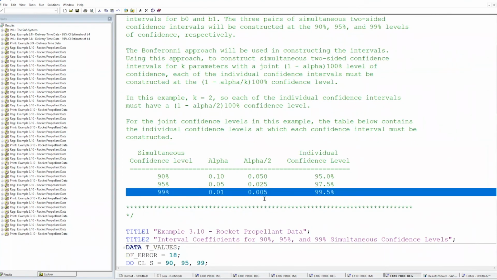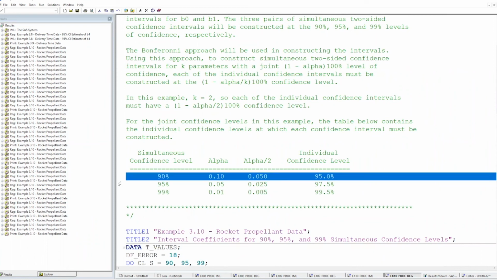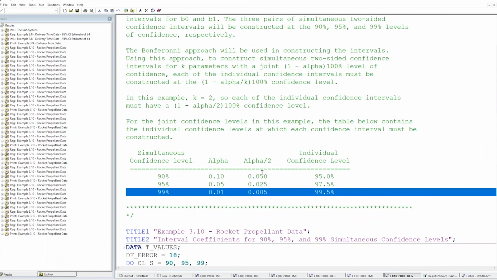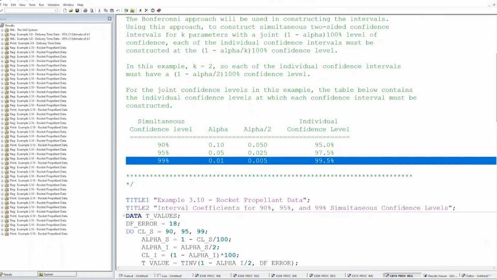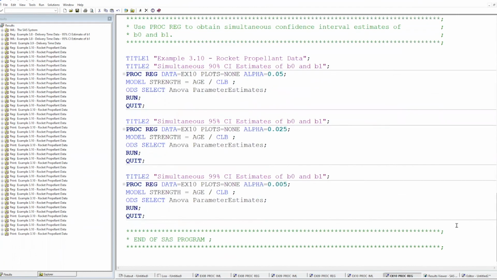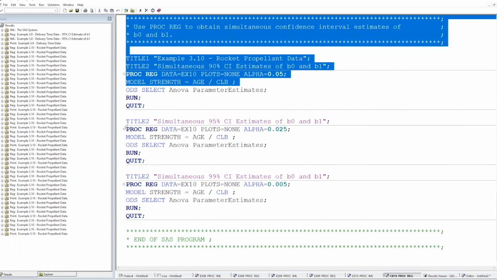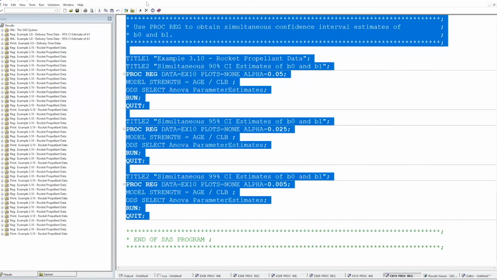In the output from SAS, for each of these, it's going to report the confidence levels as reported in this last column. Okay, so let's go ahead and run this. We'll run these statements.